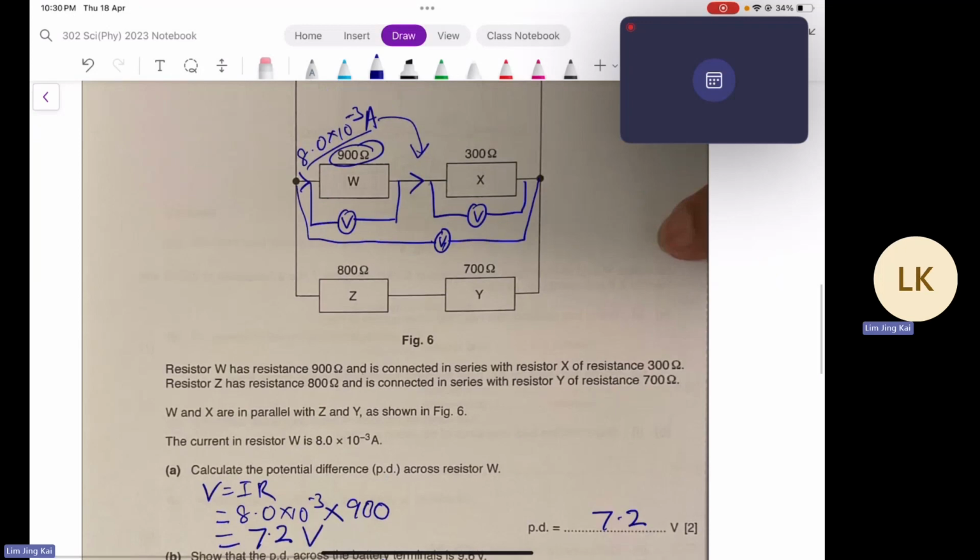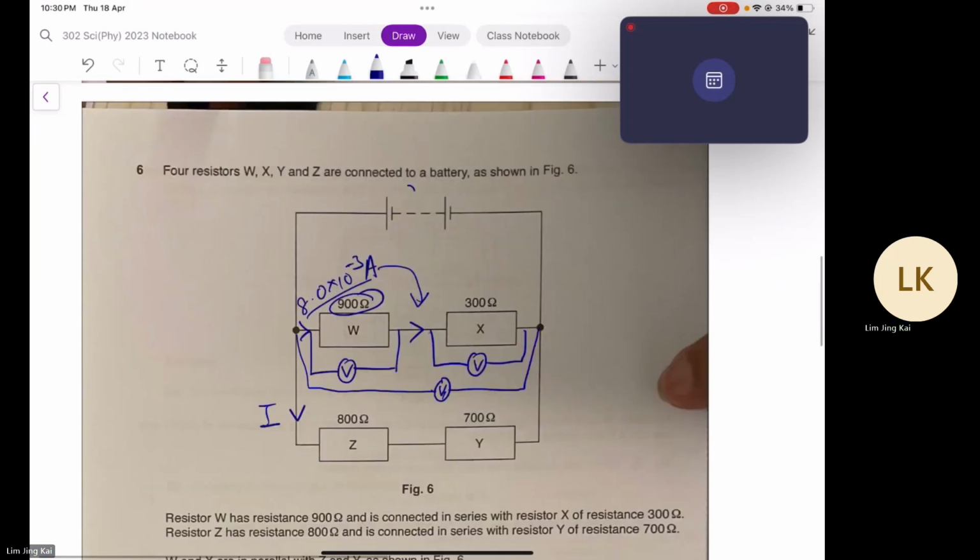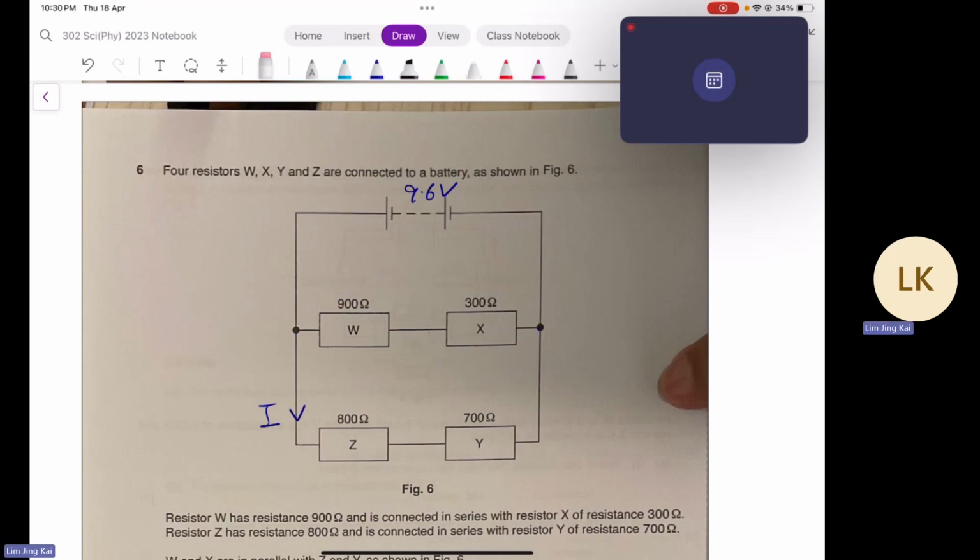So now you need to find the current flowing through here. Okay, but we now know that the EMF is 9.6 volts because based on the answer from part B. Okay, so how do we approach this question again? Look carefully. I'm going to erase off all the things that are not critical at this moment.